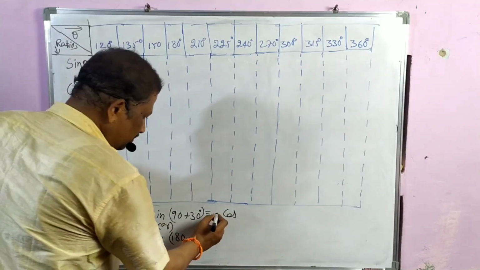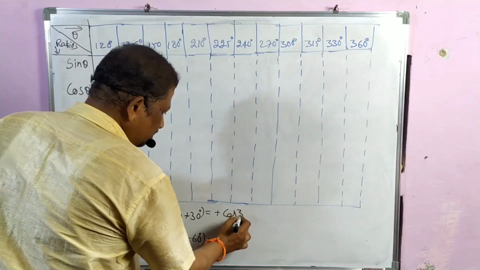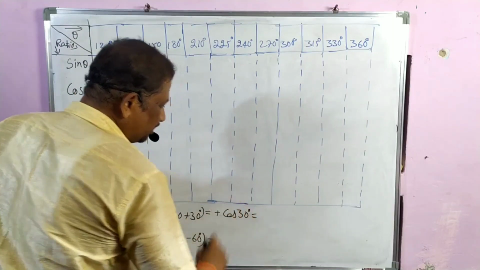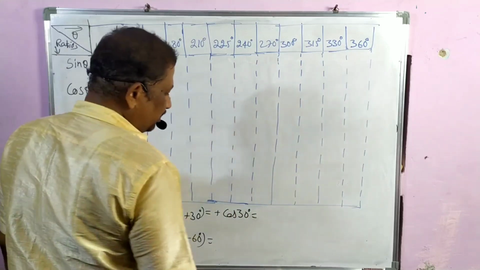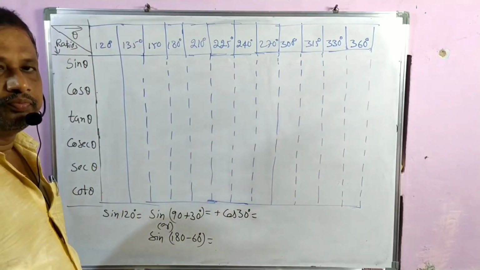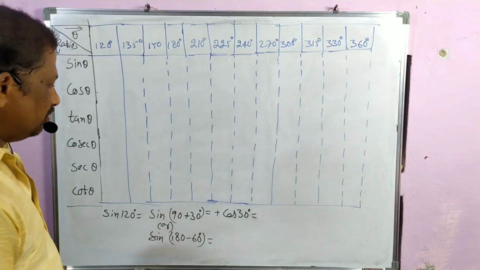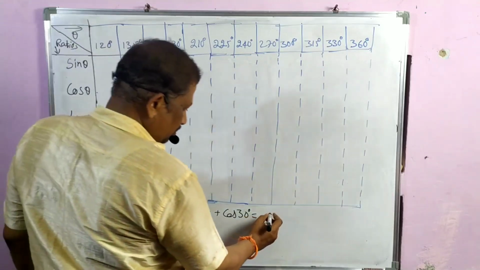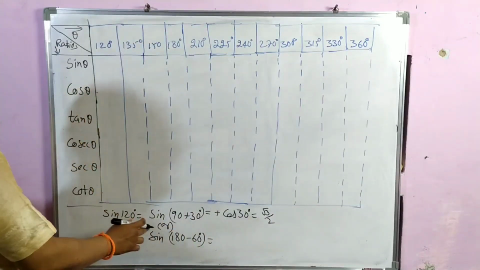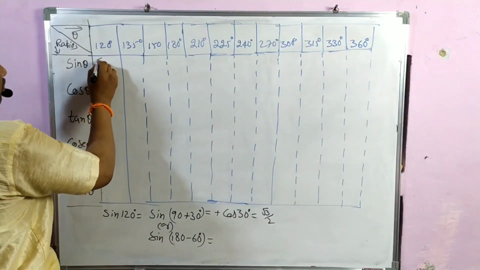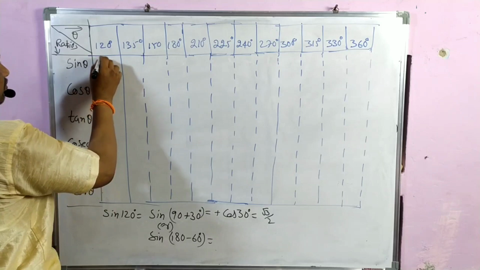Sine is there, so it will become plus cos 30. What is the cos 30 value? Cos 30 is root 3 by 2. So sine 120 degrees is root 3 by 2.